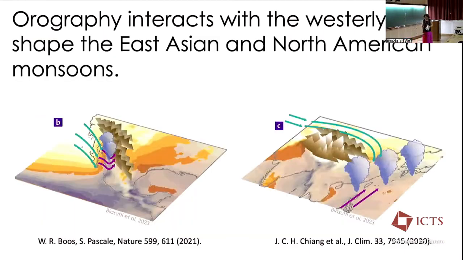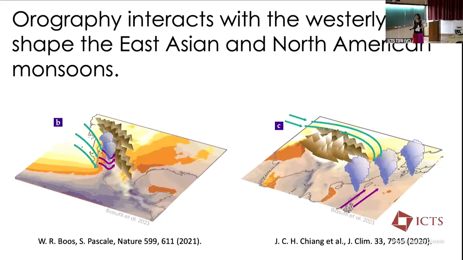So if I had time to go through a full review of all of the monsoons, orography would play a large role in two more circulations. One is the North American monsoon, and the other one is the East Asian monsoon. And there, the interaction with the jets is more dynamical, or where is the jet going to go with respect to the orography.